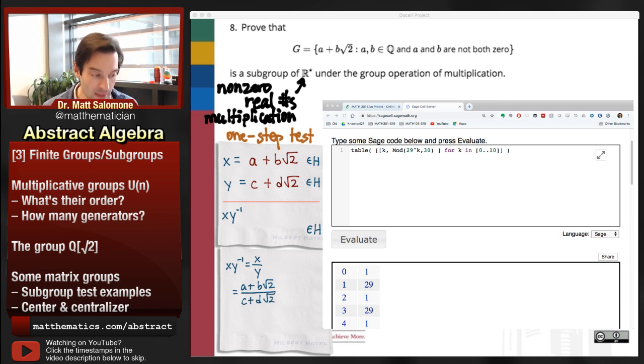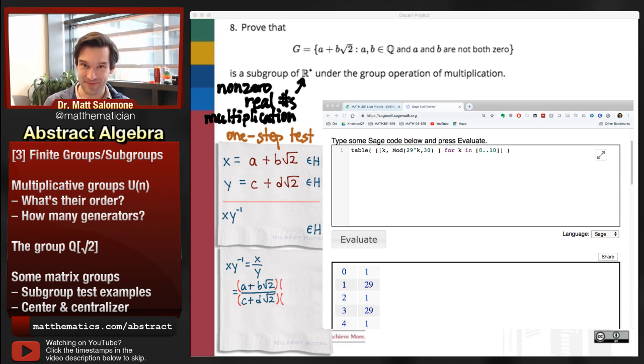But what I want to understand is, how do I know that this weird-looking fraction is an element of G? How do I know that it can be written as A plus B radical 2 for some rational numbers A and B? Because that's not what this looks like right now. This is probably the first time since you took Algebra 2, by which I mean high school Algebra 2, not abstract Algebra 2, that we need to know how to rationalize the denominator of a fraction.